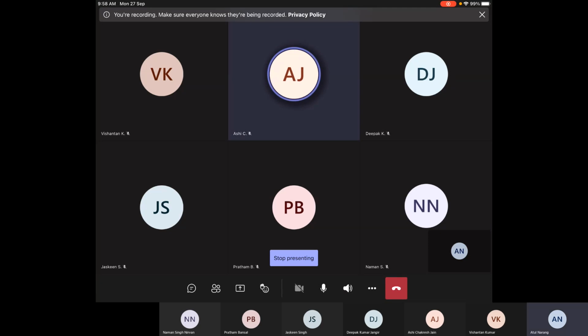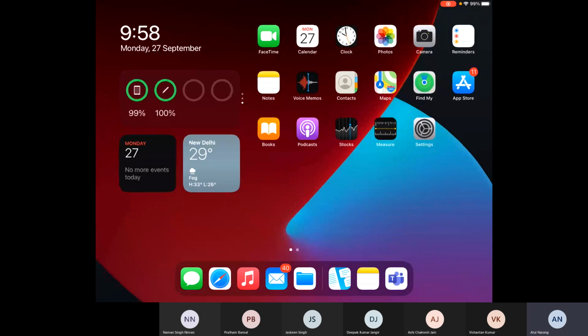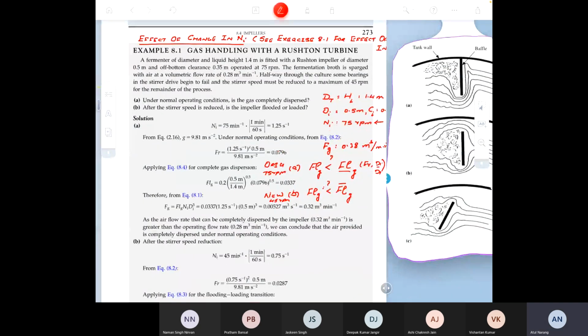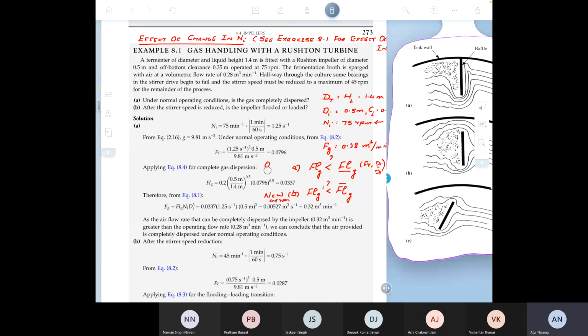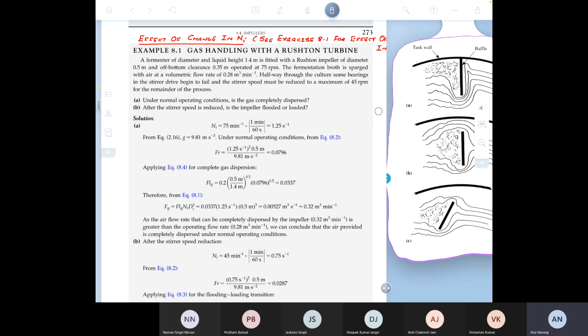Okay. So let me now point out the complement to this problem. By complement, I mean not inverse, but the complement. In this problem, what happened was that suddenly in the middle of the run, the impeller speed changed.